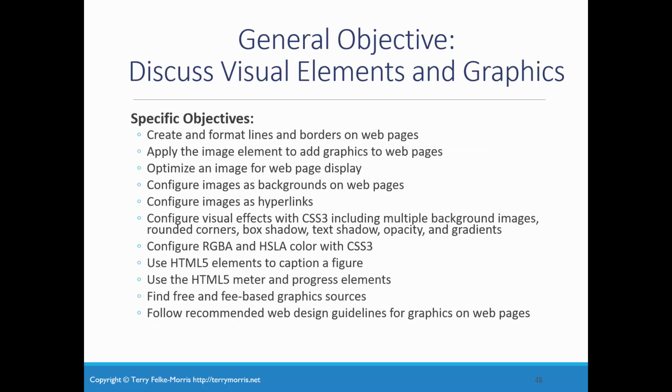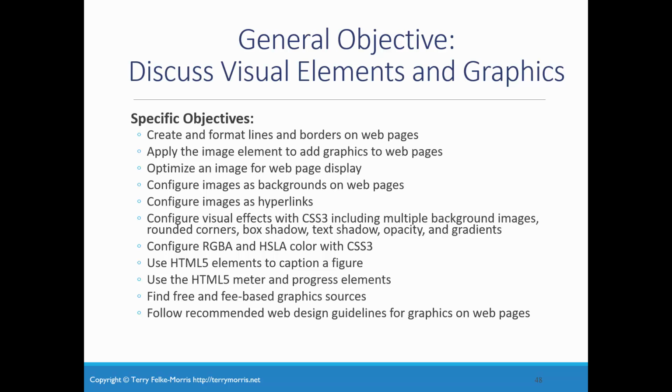So we talked about how to add lines and borders to web pages. We started with a horizontal rule. We added borders. We did a lot of work with the image element, including optimizing images, configuring images, images for hyperlinks. We looked in a little bit of depth at some of the CSS3 properties. Showed you background images.